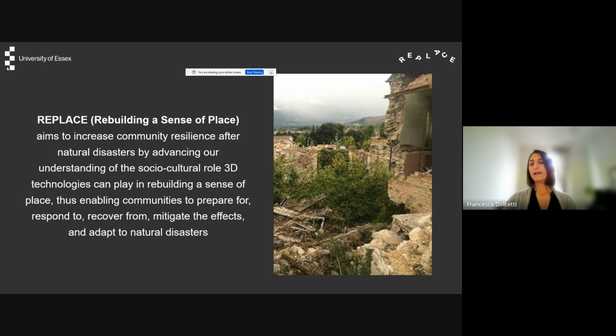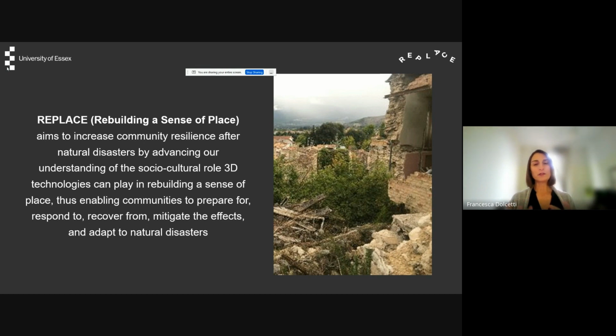We believe the transformative potential of 3D technologies extends far beyond the restoration of physical buildings, because it lies in their capacity to support communities in a profound and meaningful way. Up until now, heritage conservation practices have traditionally emphasized preserving historical structures, but we believe that we must explore and exploit the potential of these technologies.